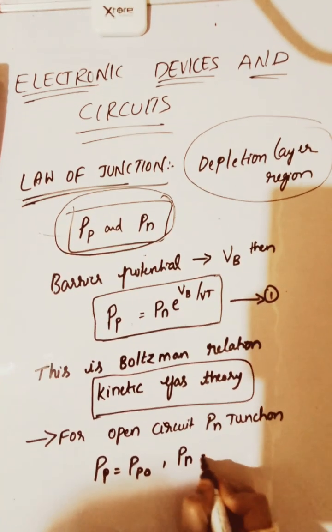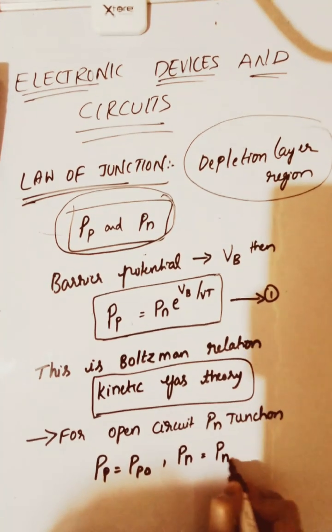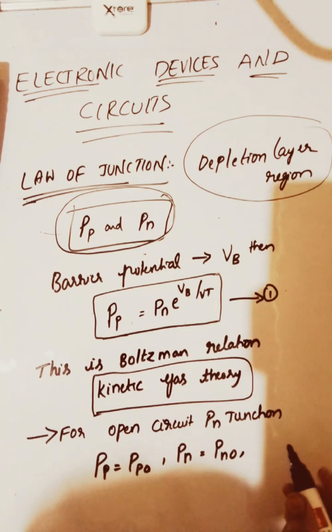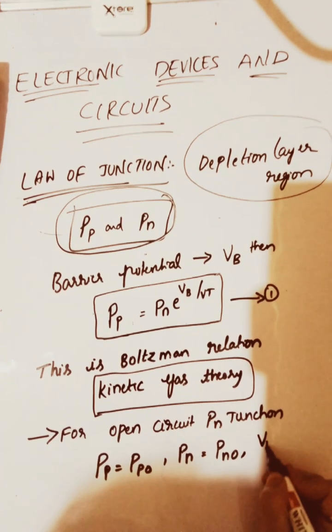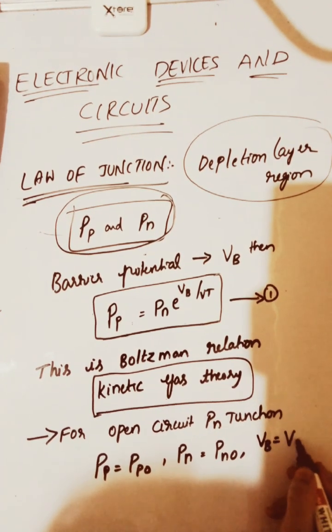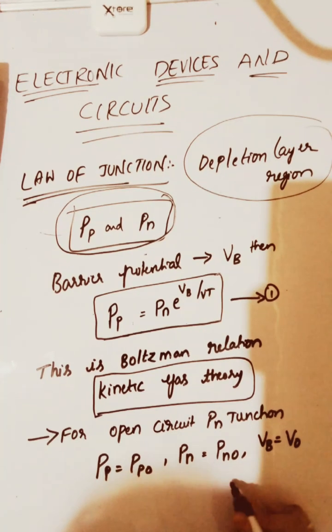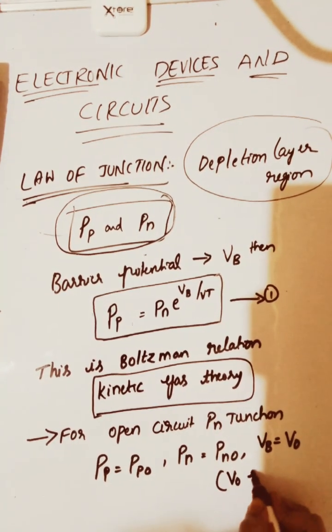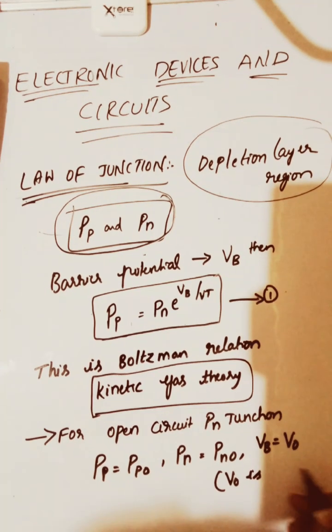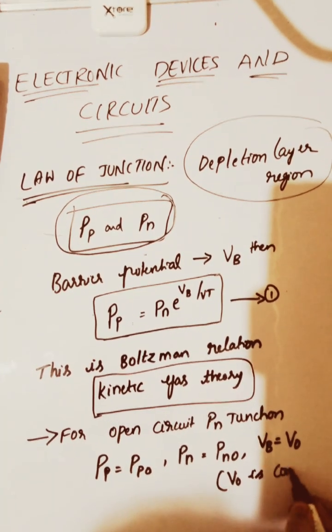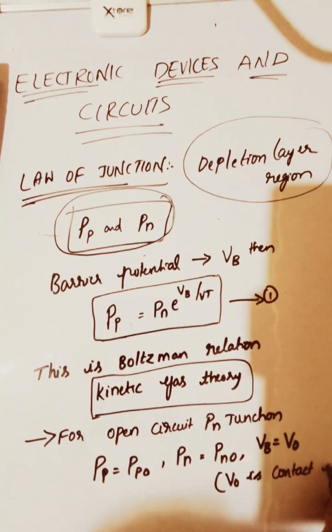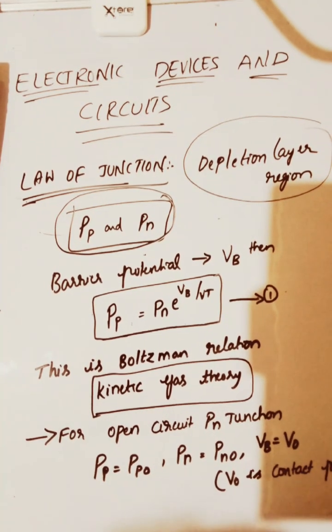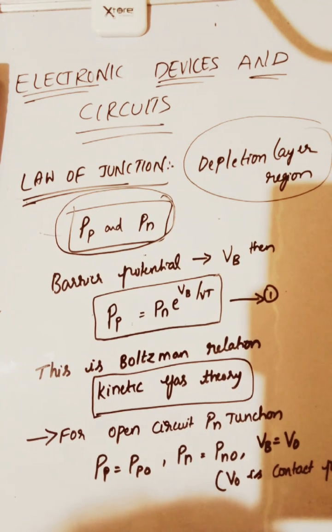Then PN for the N type material is PN0. Now VB becomes V naught, which is the contact potential.